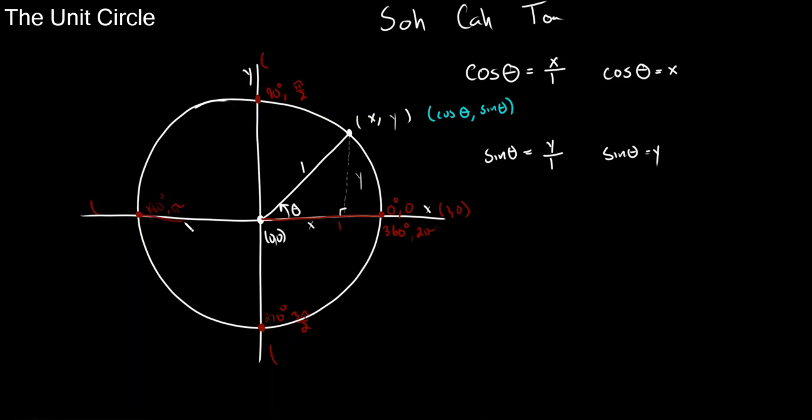And this point here would just be negative 1, 0, because I'm on the negative side of the x-axis over here. And if I follow that train of thought up here, it would be 0, 1, and down here it would be 0, negative 1.